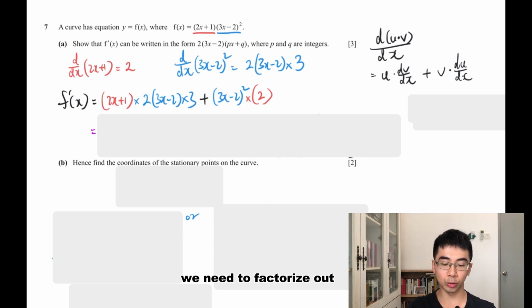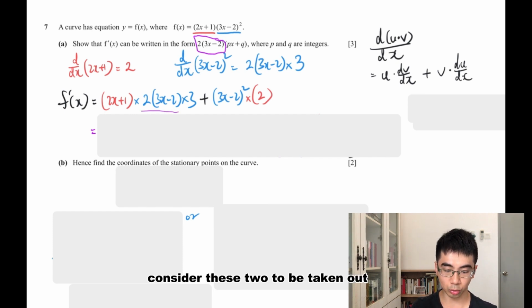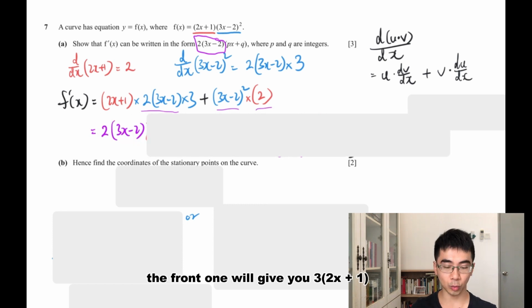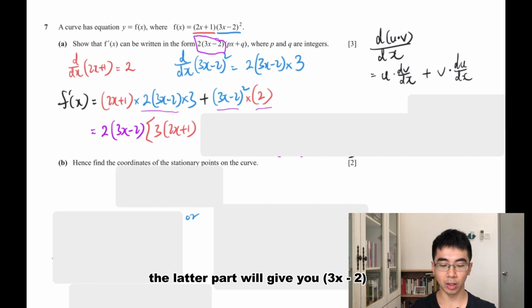And then remember, we need to factorize out the 2 and the 3x minus 2, these two factors. So consider these to be taken out. The front one will give you 3 times (2x plus 1), and the later part will give you just 3x minus 2.